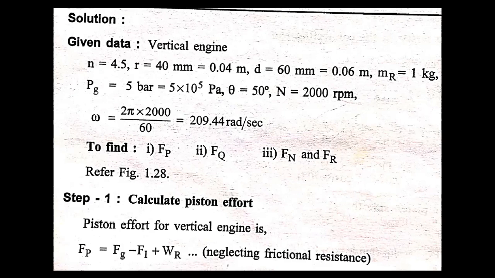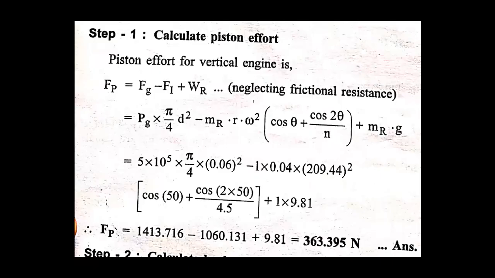So first we have to calculate the piston effort. Piston effort is equal to Fg minus Fi plus Wr. When we neglect the friction resistance, the value becomes Pg into pi by 4 d square minus mr into r into omega squared into cos theta plus cos 2 theta by n, plus mr into g.